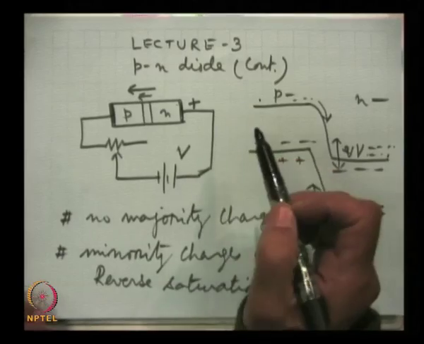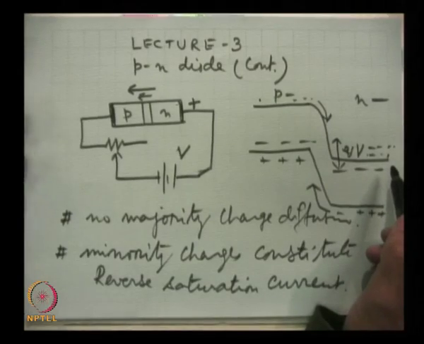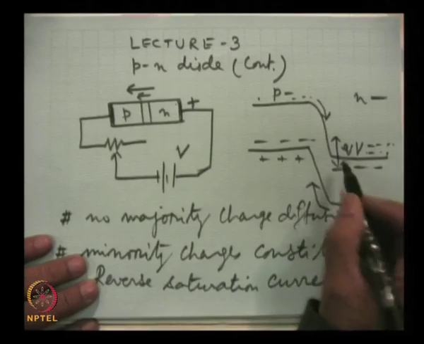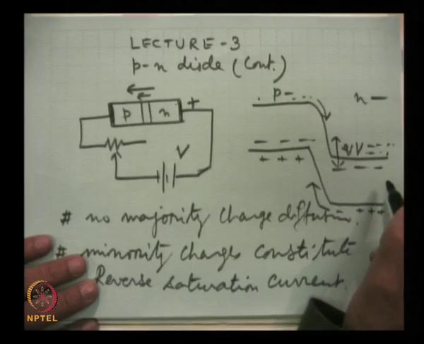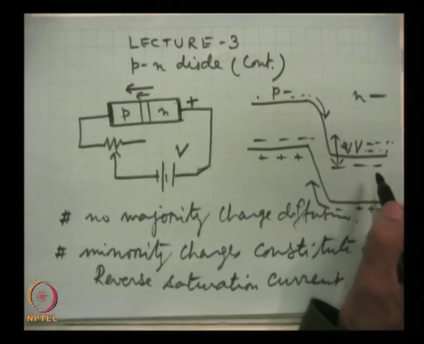There is a high probability of recombination for the electrons in the p region which are far away from the junction. And similarly, the holes in the n side which are far away from the junction will recombine in the n region, and they will not contribute to the reverse current.